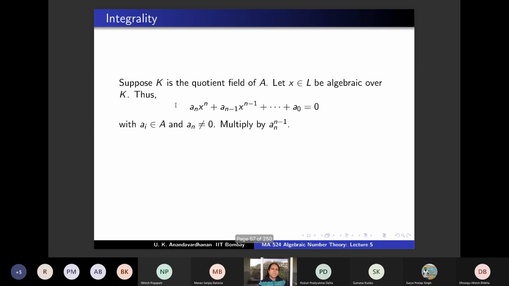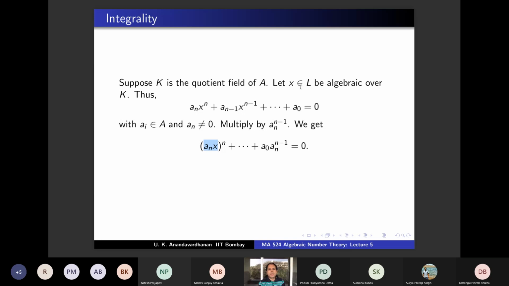Okay, so multiply this equation throughout by a_n^(n-1). What will happen? You get a_n^n x^n plus dot dot dot plus a_0 a_n^(n-1) equal to 0. Now this element a_n times x is satisfying a monic polynomial with coefficients in A. So what is the conclusion?